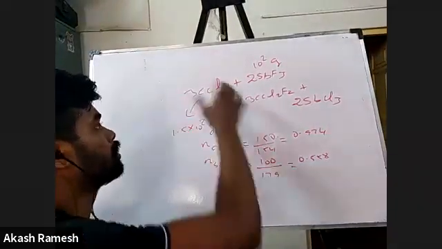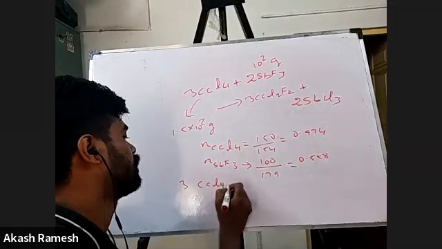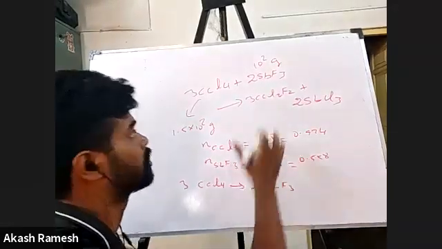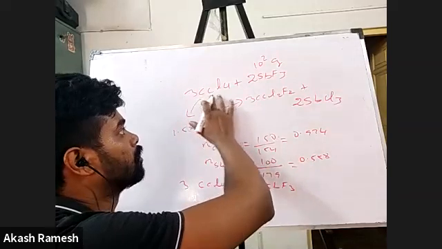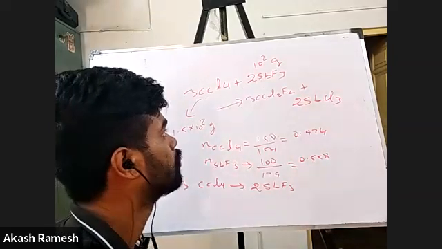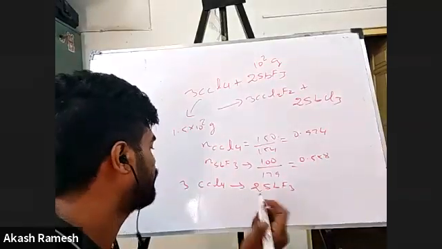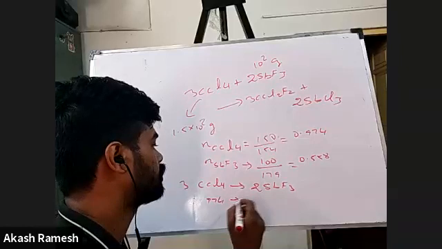So for 3 moles of CCl4, I require 2 moles of SbF3. That is what is given in this reaction. 3 moles of CCl4 reacts with 2 moles of SbF3. So how many moles of CCl4 do I have? I have 0.974 moles of CCl4.